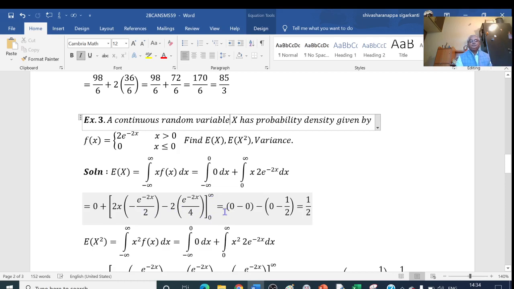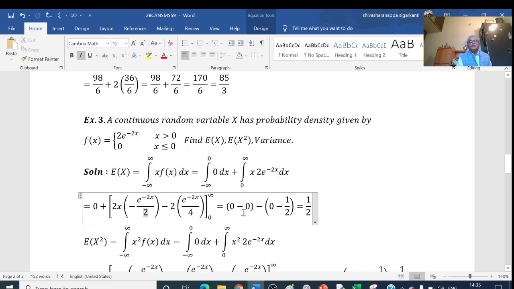Substituting the limits, first put x equal to infinity. This becomes x by e^infinity, which is equal to 0. And 1 by e^infinity is equal to 0. Here also e^(-infinity) means 1 by e^infinity, which is also 0. So the upper limit gives 0 minus 0. Minus the lower limit: if I put x equal to 0, I have x here, so 0 into this term becomes 0.